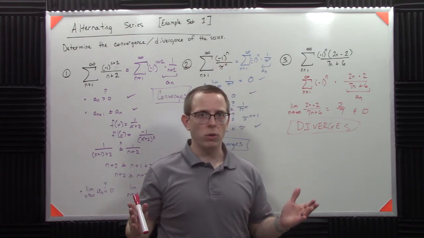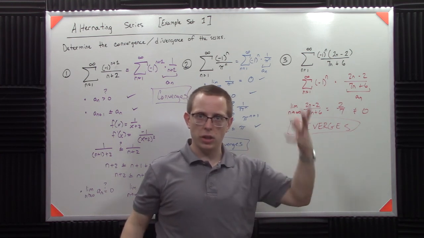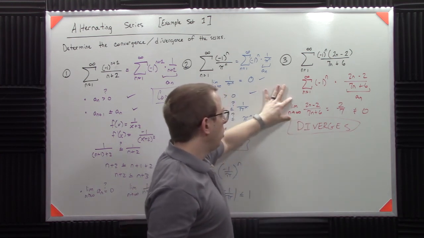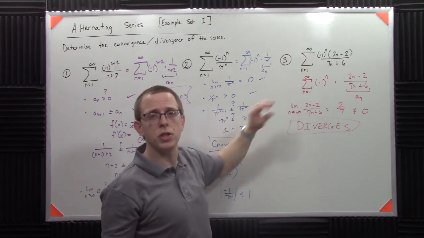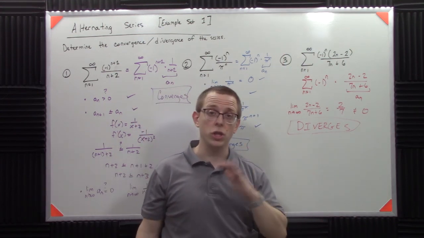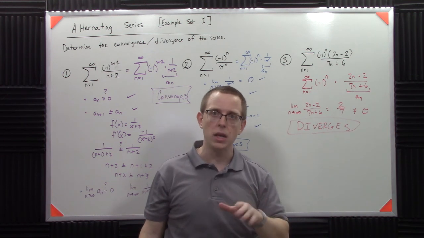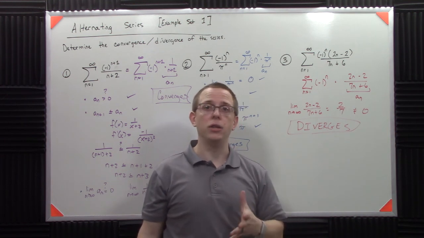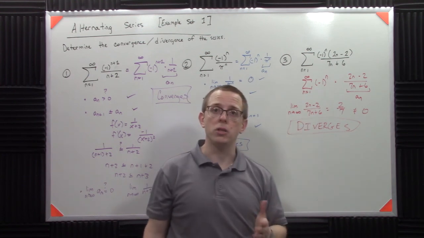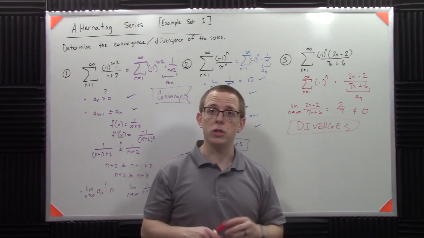Well, that's also divergent, right? Because it doesn't actually converge to anything. So what you find is if you take off that alternating term and it still doesn't converge to 0, the alternating version is also not going to converge to anything. So it's perfectly fine to just evaluate only the positive part for divergence on the nth term test.